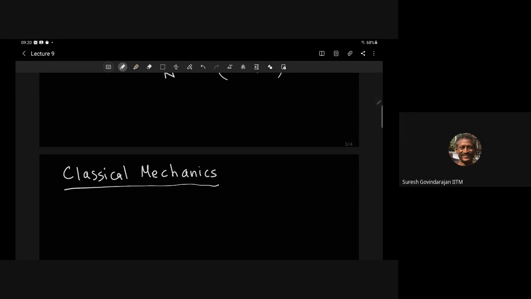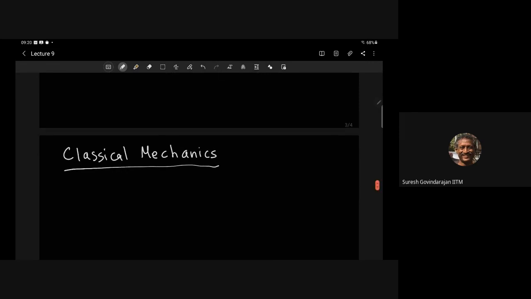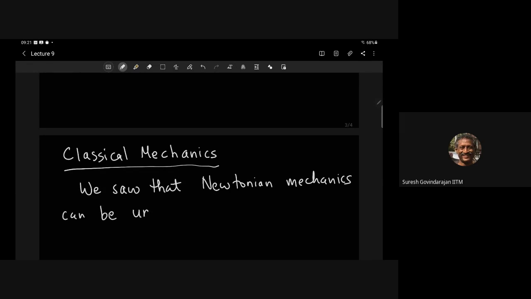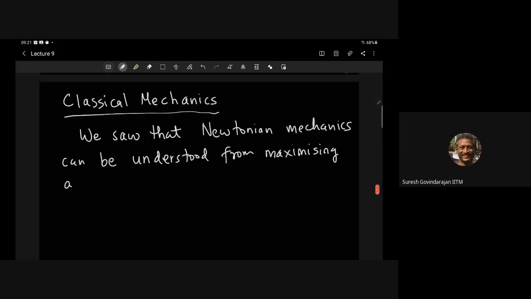We saw that Newtonian mechanics can be understood from extremizing a functional, the action.